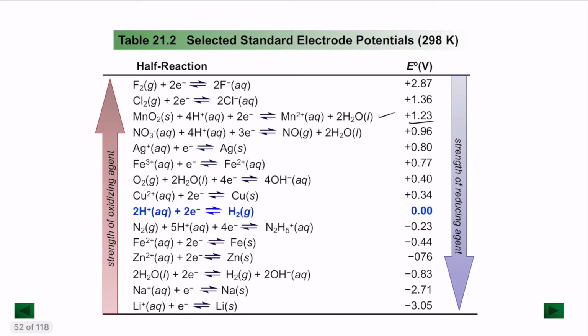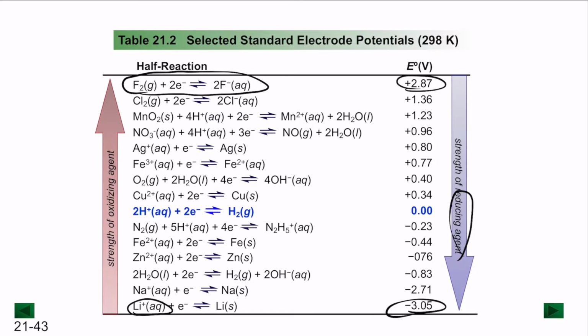So when you notice the values here, on one end of the spectrum you see lithium, which is a really strong reducing agent. So as you go down towards lithium, the more negative the value, the stronger the reducing agent. On the other end of the spectrum you have fluorine, which is a really strong oxidizing agent, which means it readily undergoes reduction.